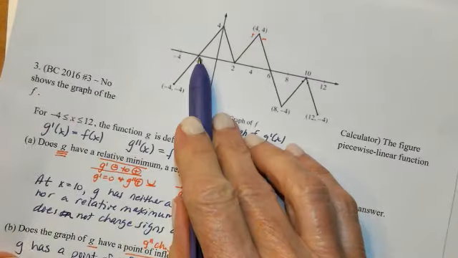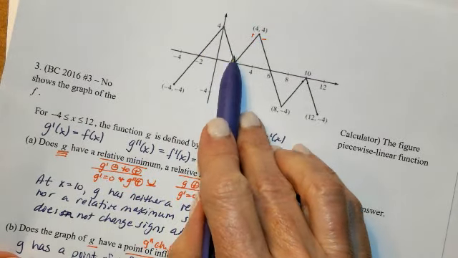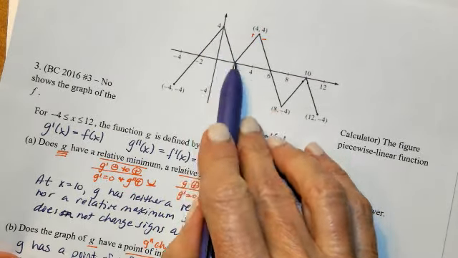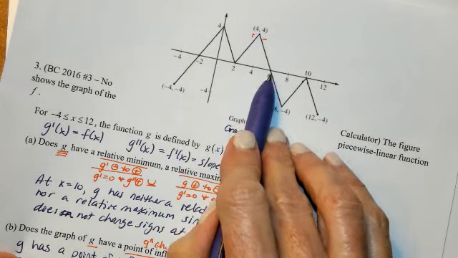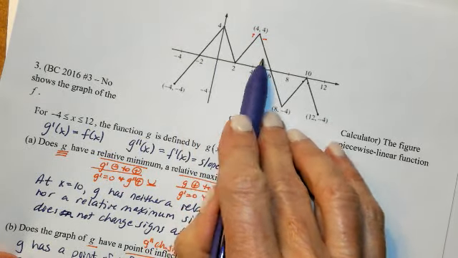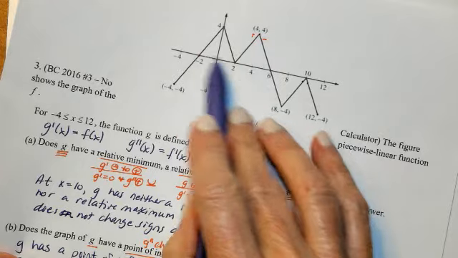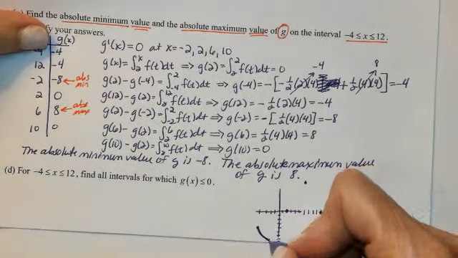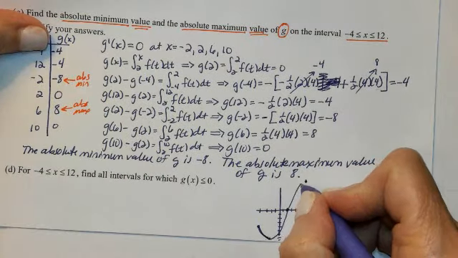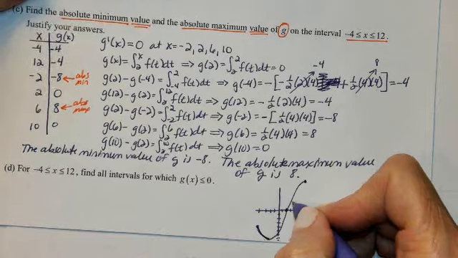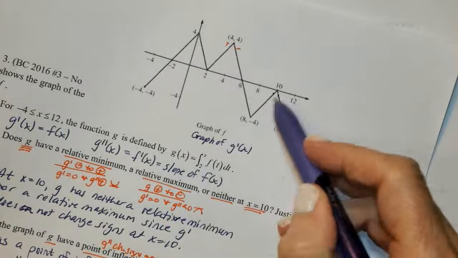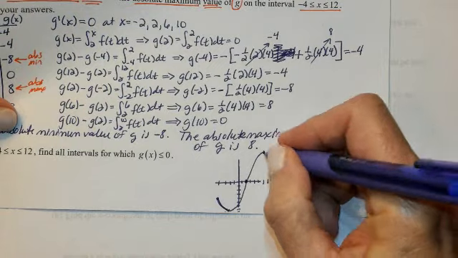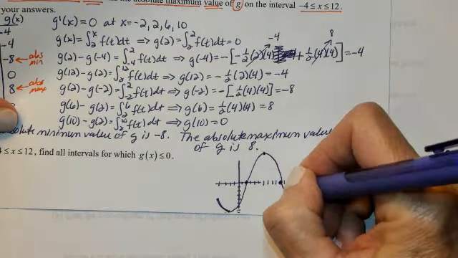From -2, with a little point of inflection here, all the way to x equals 6, g is increasing all that way. And then we decrease the entire rest of the way.